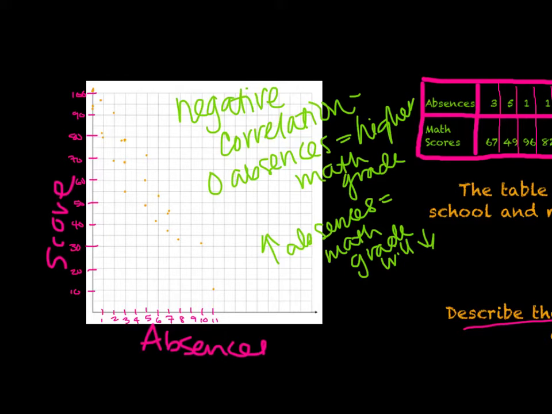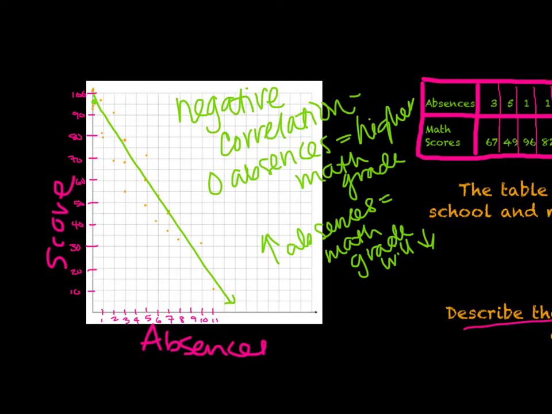We can also create a line of best fit. Can we create a line that would work? Looking at this, I would use this general area up here and relate it to here. That's about the line that I'm going for.